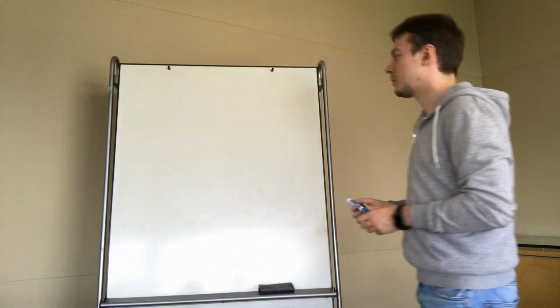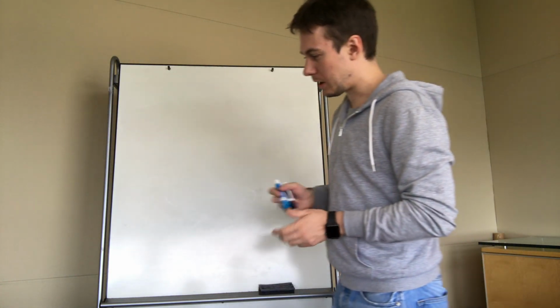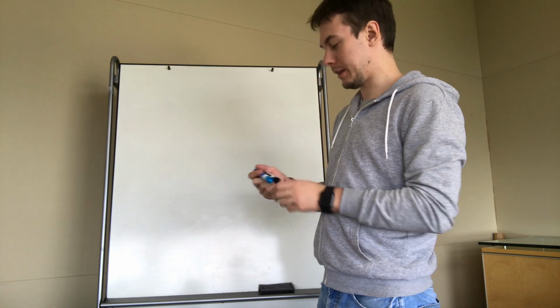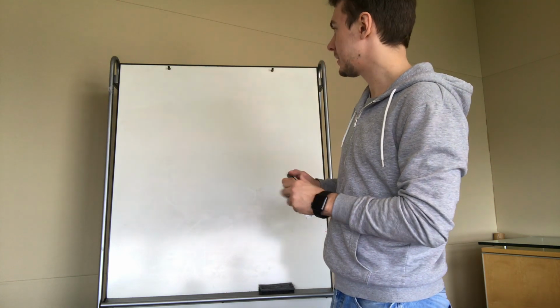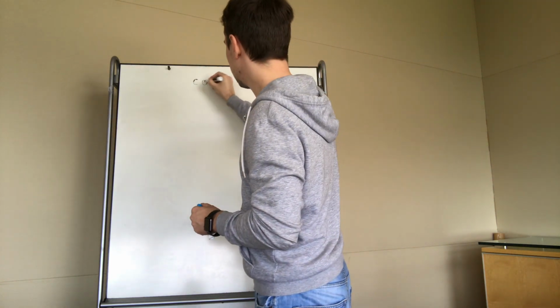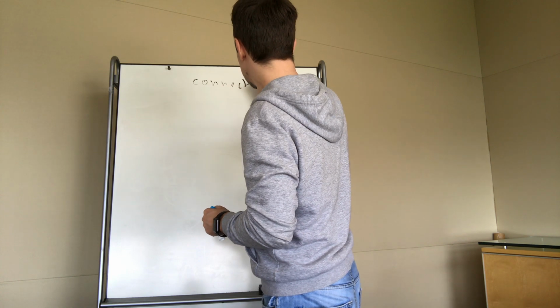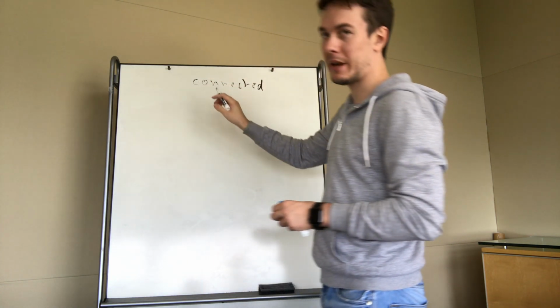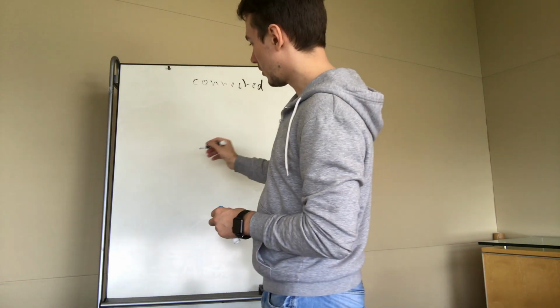But now we have a question. What if our graph is not a biconnected graph? Let's say we have a connected graph which is not biconnected. What does it mean?